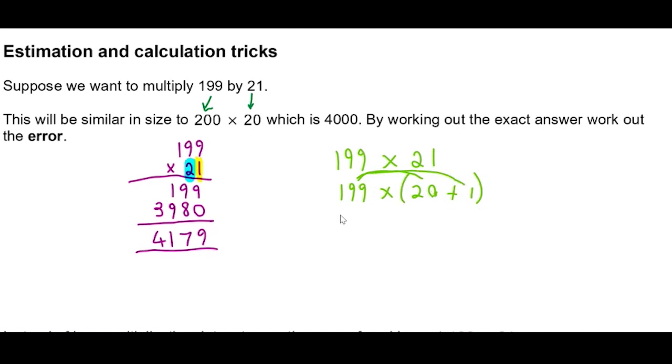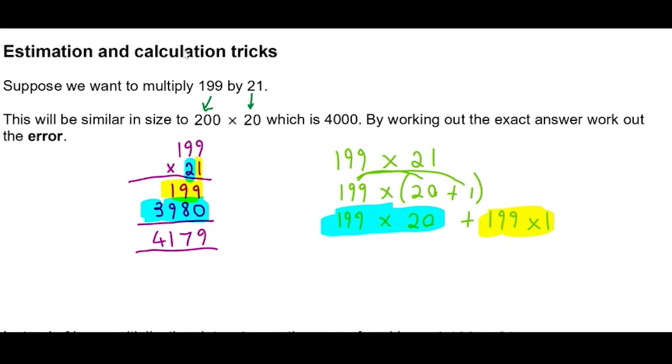So we get 199 times 20 plus 199 times 1. And this piece, 199 times 1, is in fact that piece. And this piece, the 199 times 20, is in fact that piece.